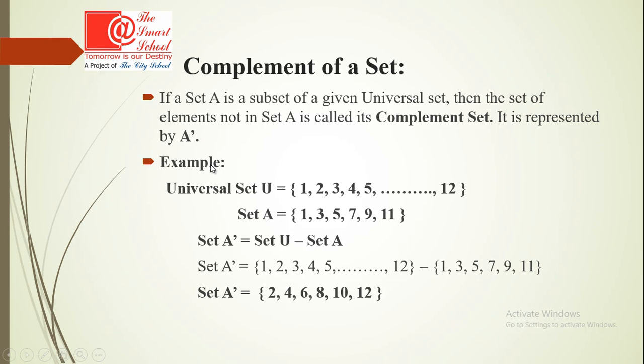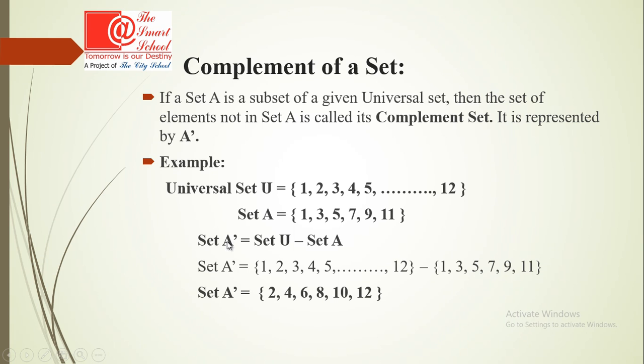So for example, universal set is equal to 1, 2, 3, 4, 5 till 12. It means all the digits which come in between till 12. Then set A is 1, 3, 5, 7, 9 and 11.